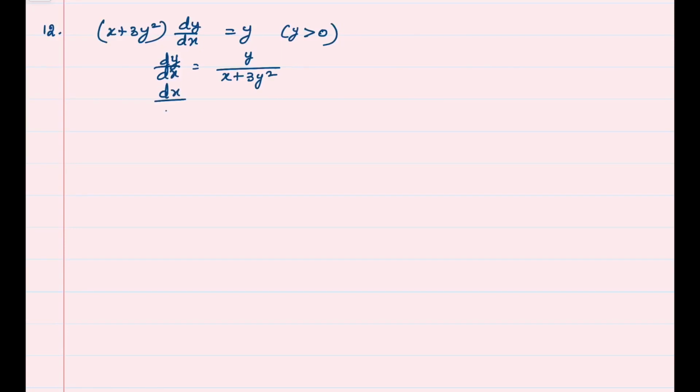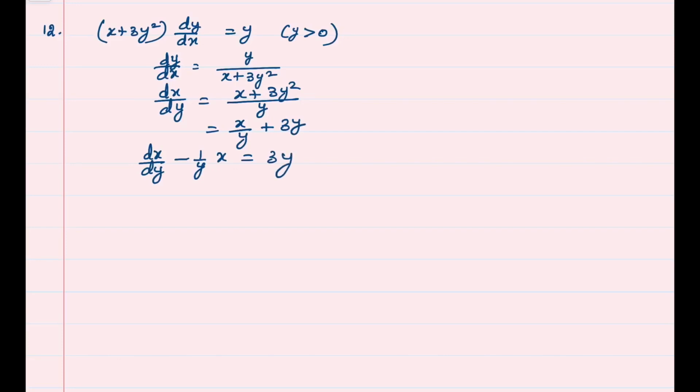So we will take it as dx by dy, so that we can separate the terms as x divided by y plus 3y. We will write it in the linear form, dx by dy minus 1 by y x equal to 3y. This equation is in this linear form.